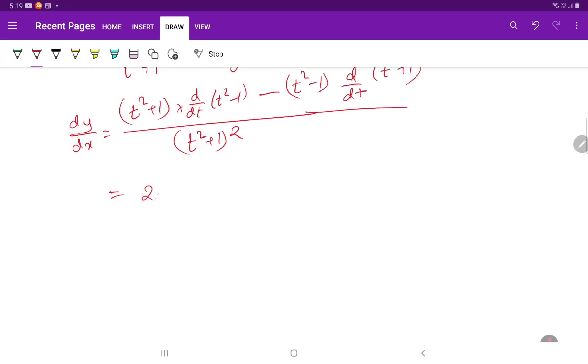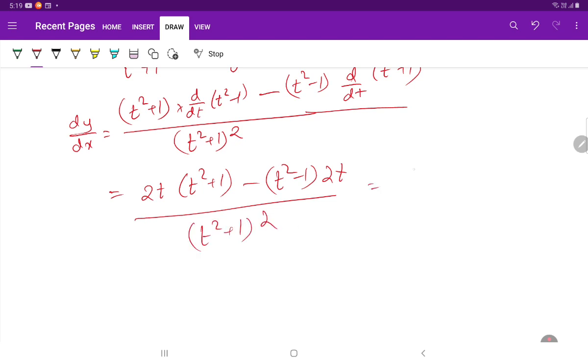Now simplifying, you'll get 2t into t square plus 1 minus t square minus 1 into 2t, by t square plus 1 whole square. You will get 4t by t square plus 1 whole square, and that's the answer. I hope you get it.